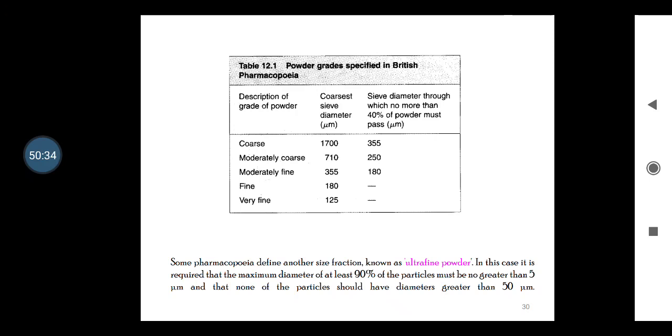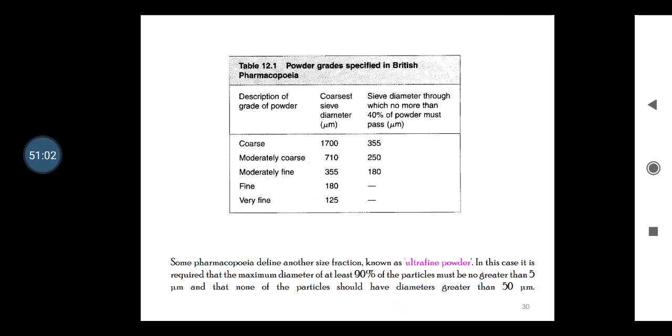So we have to write it as it is, because we don't have the lower and upper limit for the fine and very fine powder. Some pharmacopoeias define another size fraction known as ultra fine powder. In this case, it is required that the maximum diameter of at least 90% of the particles must be no greater than 5 micrometer, and that none of the particles should have diameters greater than 50 micrometer.